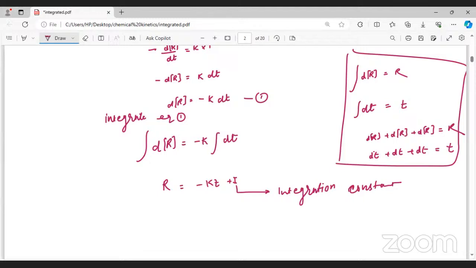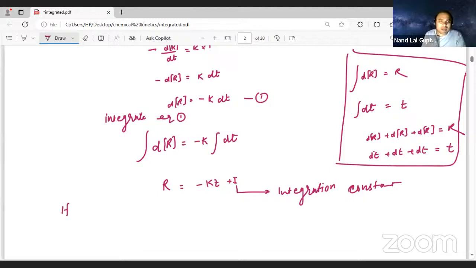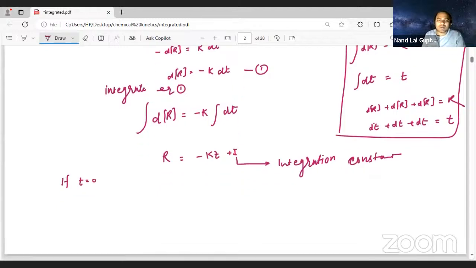Okay. Now, if time t is equal to 0, from this equation, which you can consider to be equation 2, the concentration R will be the initial concentration R naught. So at t equal to 0, R is equal to R naught.